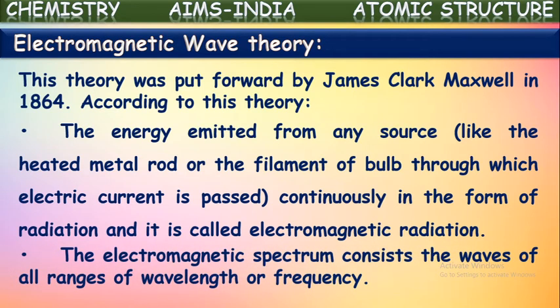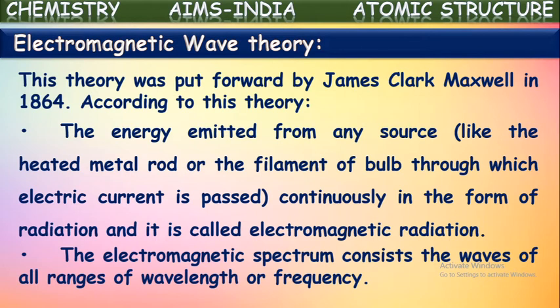The electromagnetic spectrum consists of waves of all ranges of wavelength or frequency. Energy emitted from different sources will be with different frequencies or wavelengths. These all energies are shown in one chart.